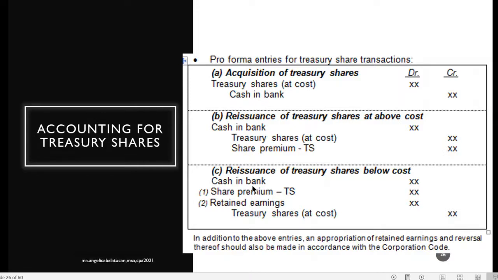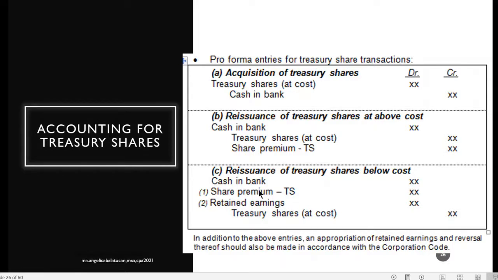So, what is the rule if it is below cost? So, normally, kung below cost ang atong pagbaligya, mas gamay ang cash nga na-receive kumpara sa cost sa treasury, di ba? So, naay alkansi, di ba? Nya, unsa man nga alkansi, loss ba ni siya on the sale of the treasury shares? The answer is no. It's not a loss, but we will charge it to the following according to priority.